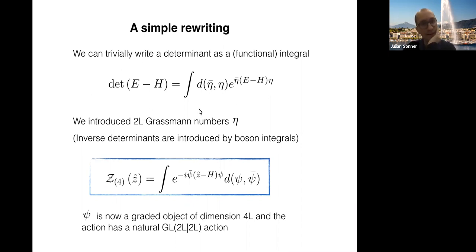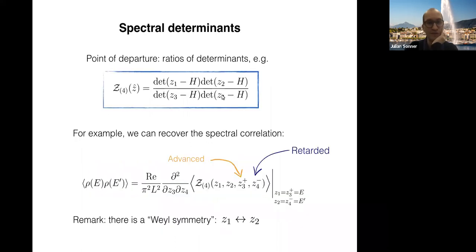Now, here comes an important bit. The inverse determinants, of course, are calculated by bosonic integrals, because if I take bosonic Gaussian integrals, I get 1 over determinants. Okay, so for this whole ratio Z4, I have Grassmann degrees of freedom for each of the determinants in the numerator, and I have bosonic degrees of freedom for each of the determinants in the denominator.